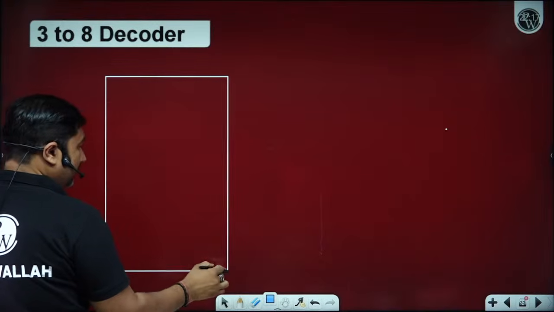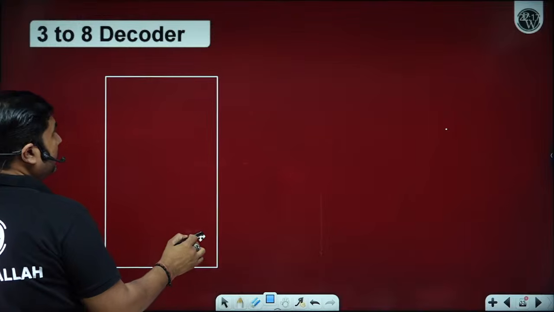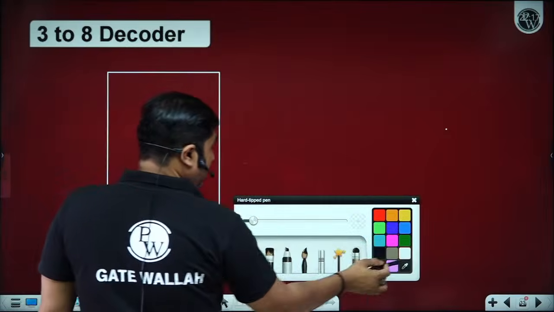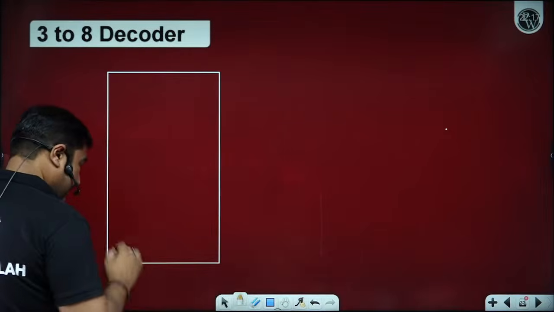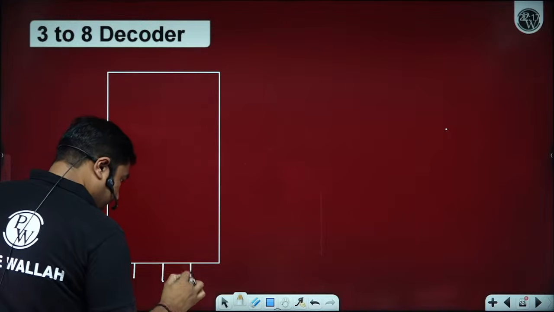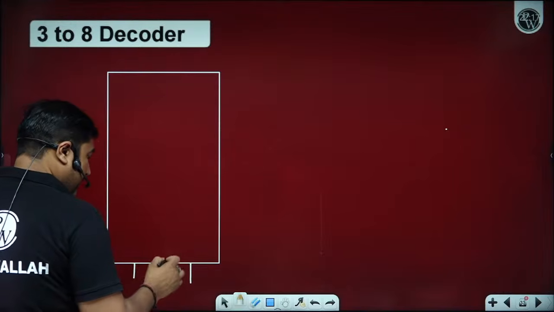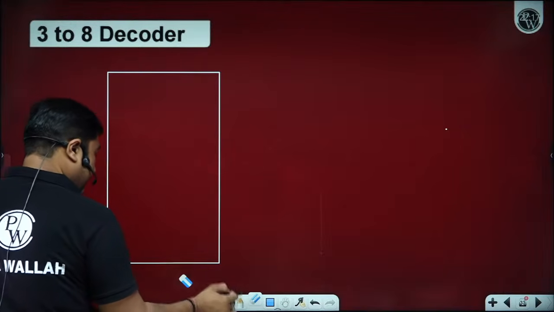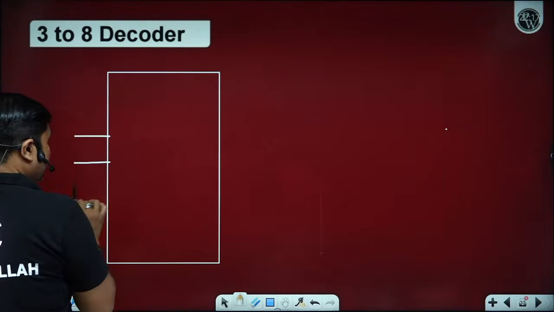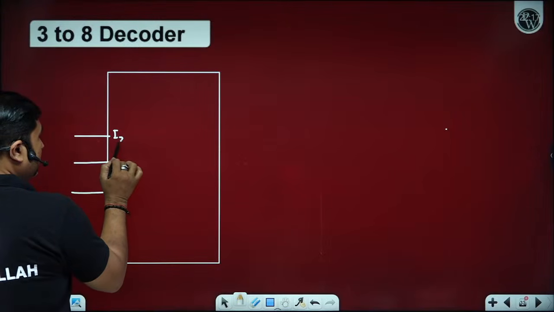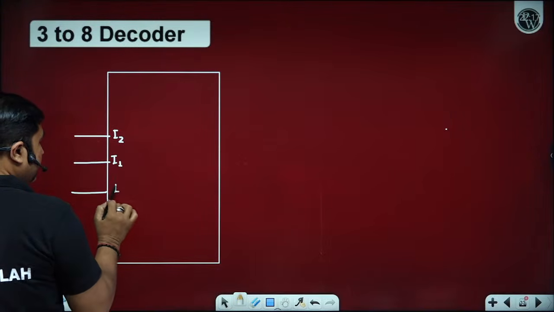So if we talk about the 3 cross 8 decoder, we have 3 input lines. Here I can represent I2, I1, I0.